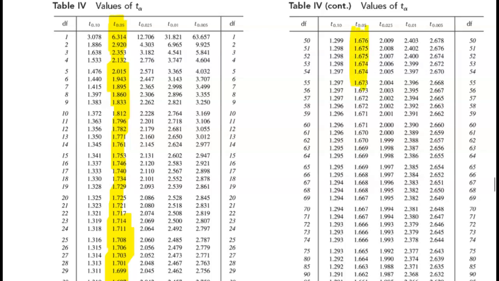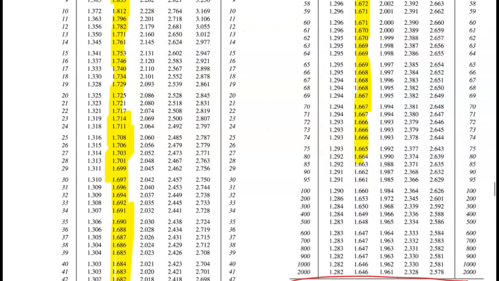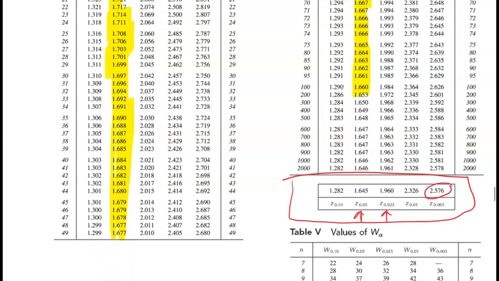It continues to get lower and lower, and as we get really large, at 100 it becomes 1.660. At 2,000 it reaches 1.646. The z-score is 1.645.